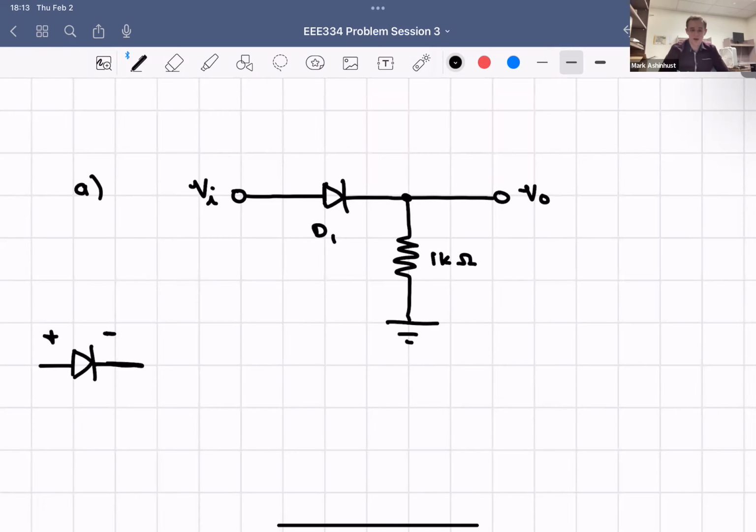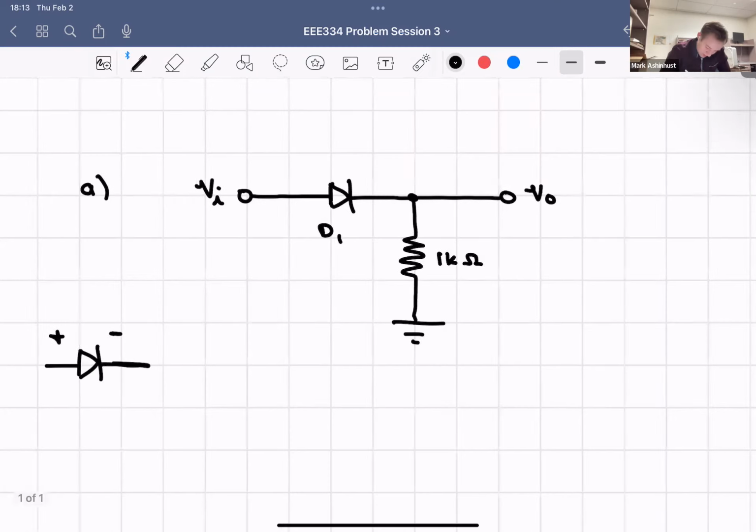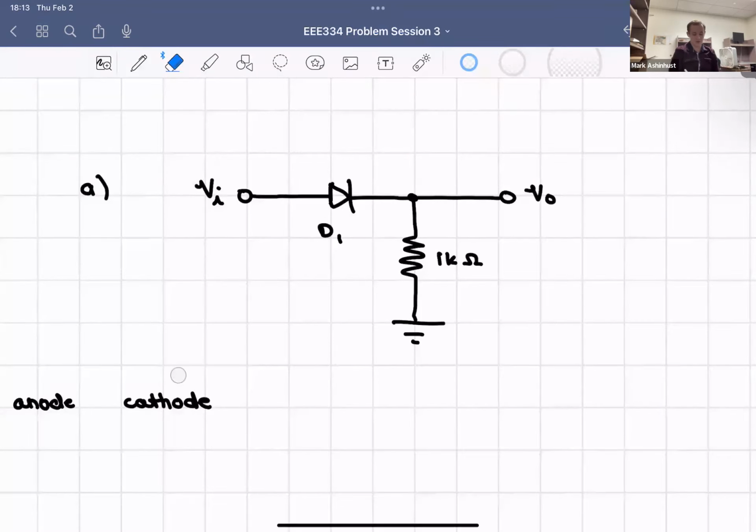I'll be using that terminology when I'm talking about this. This is important to understand because that's how we're going to know the bias of the diode, whether we're in reverse or forward bias.